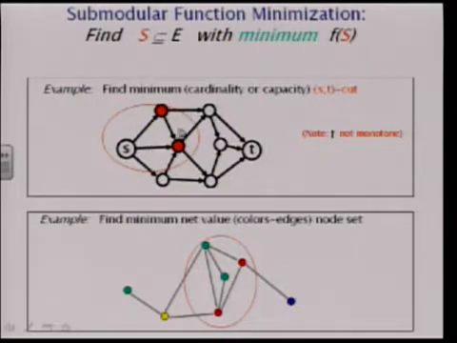So for instance, the cardinality of this cut is 1, 2, 3, and 4, right? And if I want to find the minimum cut, which means what?